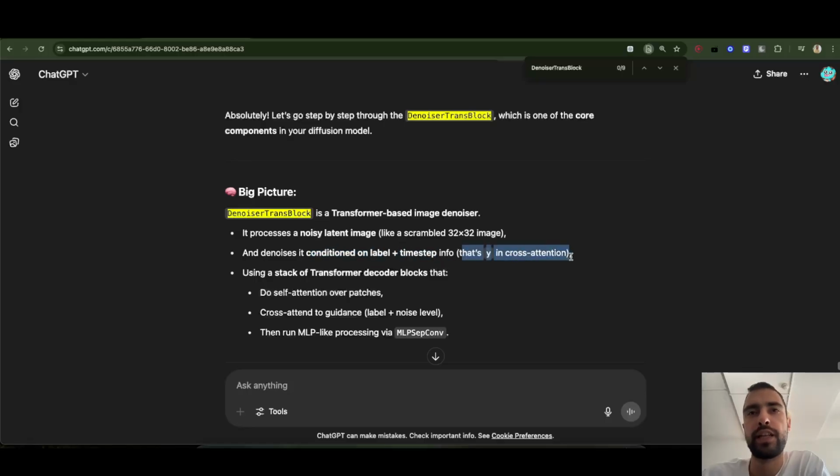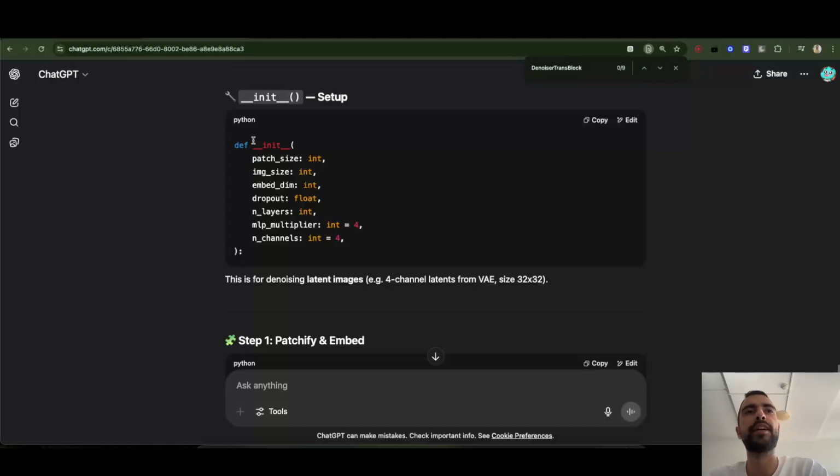That's why in the cross-attention, it's using a stack of transformer decoder blocks that do self-attention over patches, cross-attention to guidance, so label and noise level embedding, then run MLP like processing via MLP-SConv. So it starts with these hyperparameters.